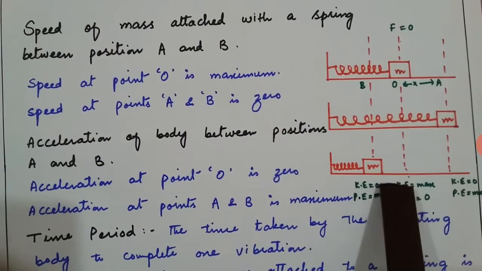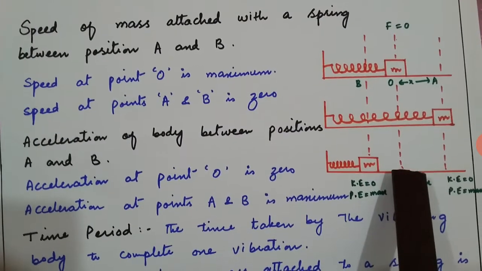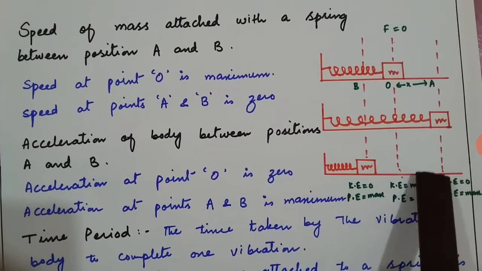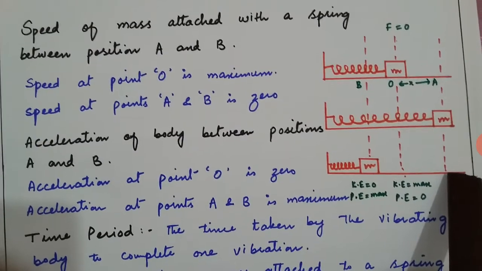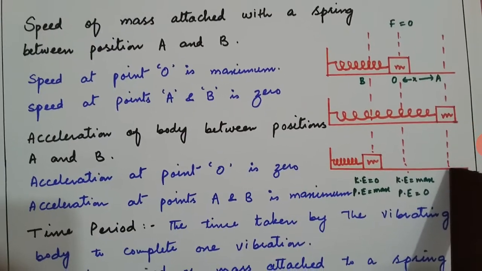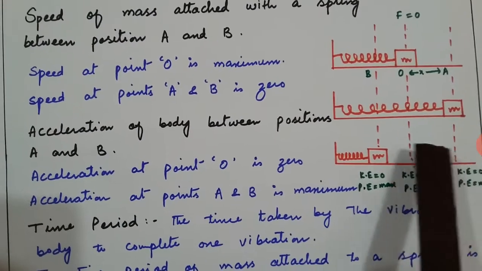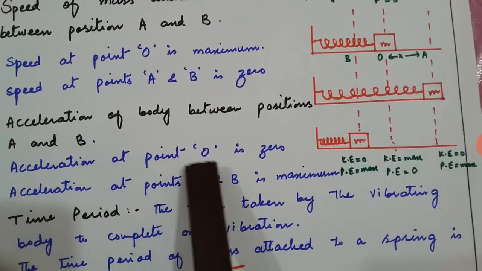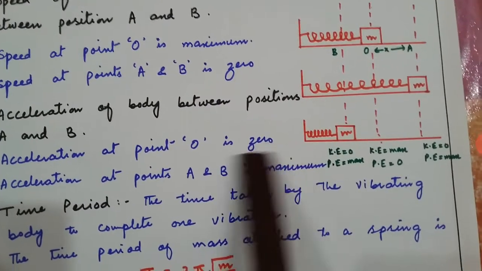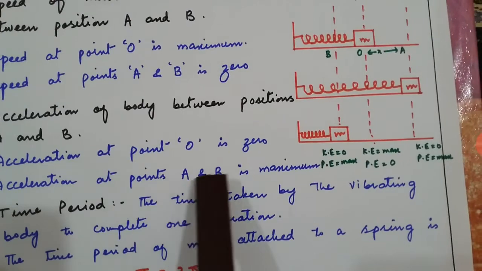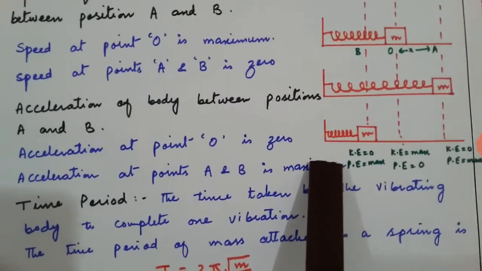This process continues and the body keeps on vibrating between points A and B. So acceleration at point O is 0. Acceleration at points A and B is maximum.